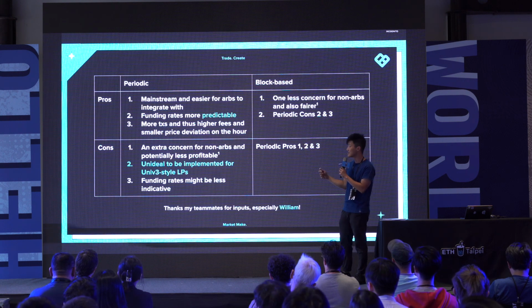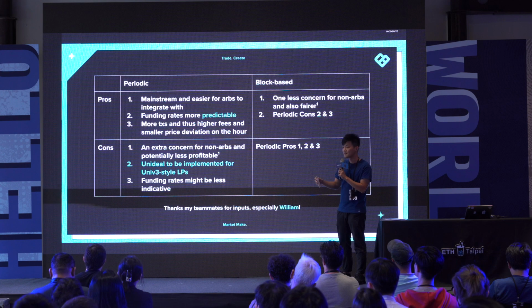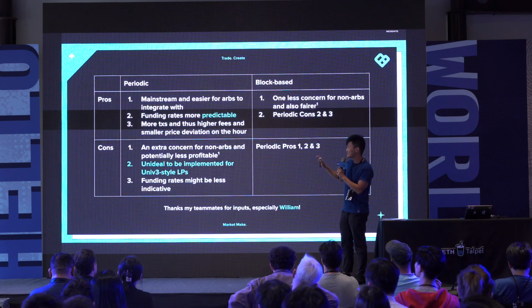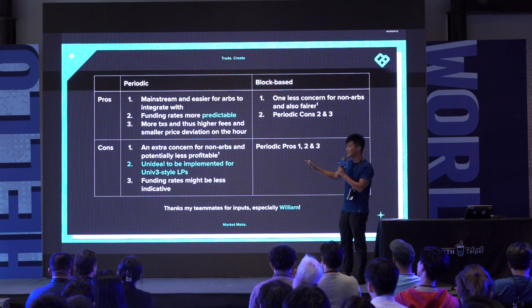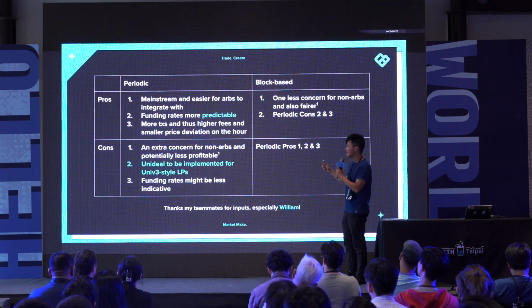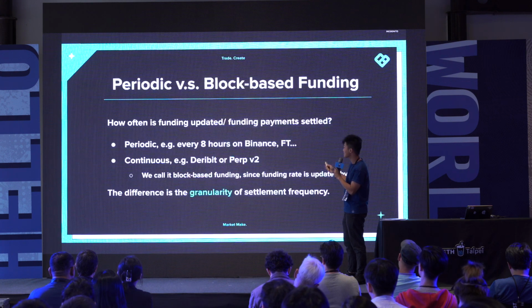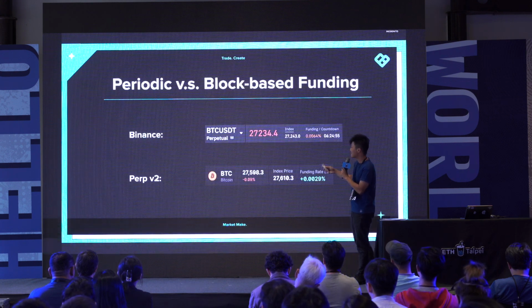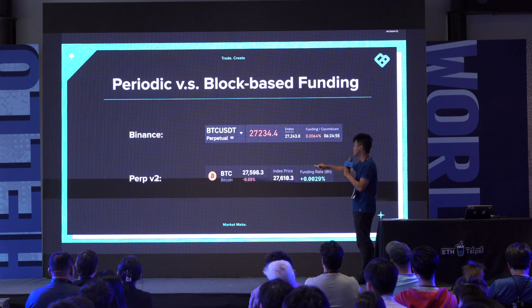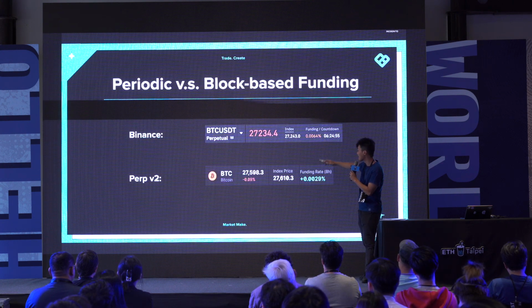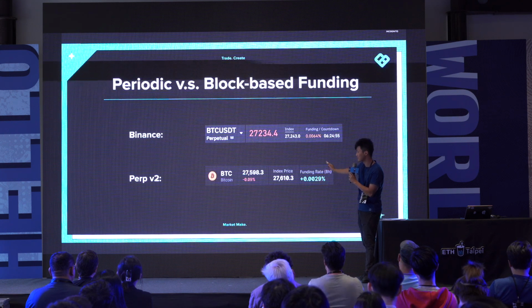The second point is funding rates are more predictable. However, this doesn't mean that users can predict the future more easily on these exchanges. Rather, as the screenshot suggests, Binance and other periodic funding exchanges do tell you the expected funding rate, unlike us, where it's the historical funding rate.